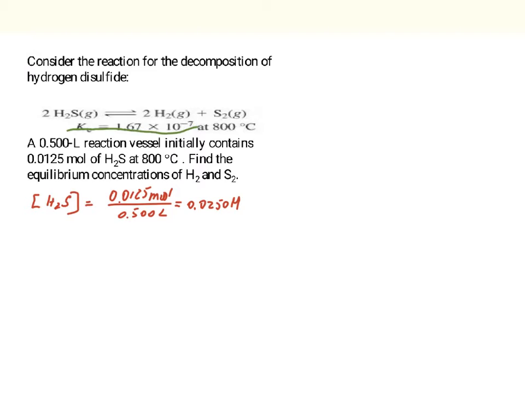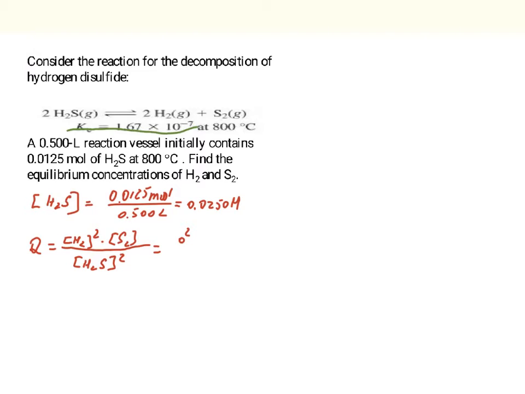Okay, excellent. The second step which we need to take is to figure out the quotient and how it's related to the equilibrium constant. The expression for the quotient is the concentration of hydrogen squared times sulfur over the concentration of hydrogen sulfide squared. Now let us plug in numbers.